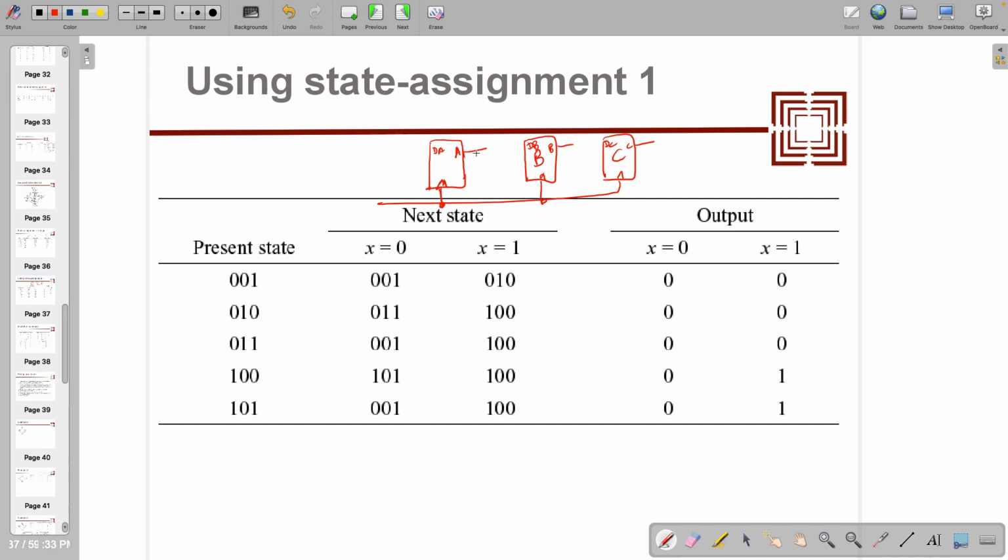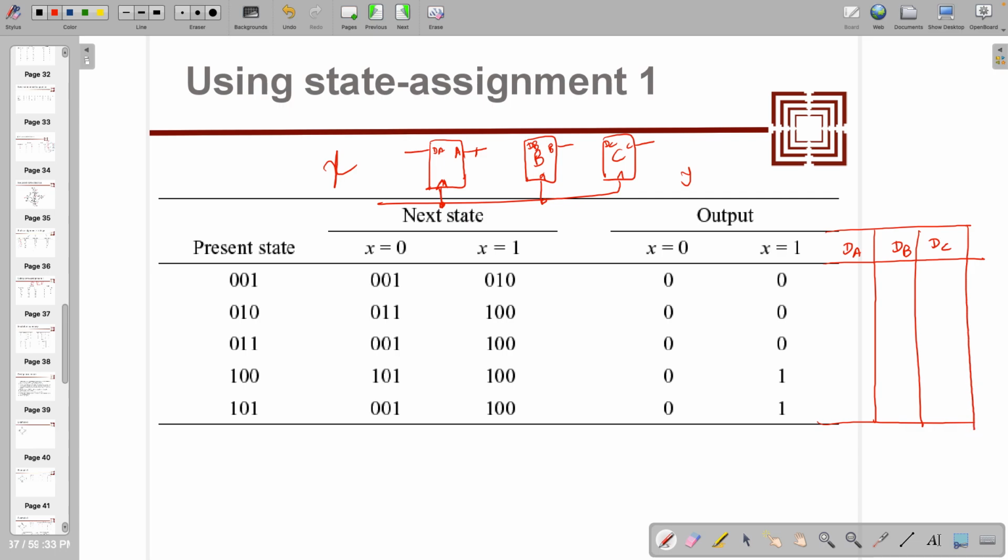Now I need to find out DA in terms of A and X, as well as I need to find out output Y. But before going to that, let's write down DA, DB and DC. Do we know that how to write down? Through the present state and the next state. Do we know how to find out DA, DB and DC from the present state?